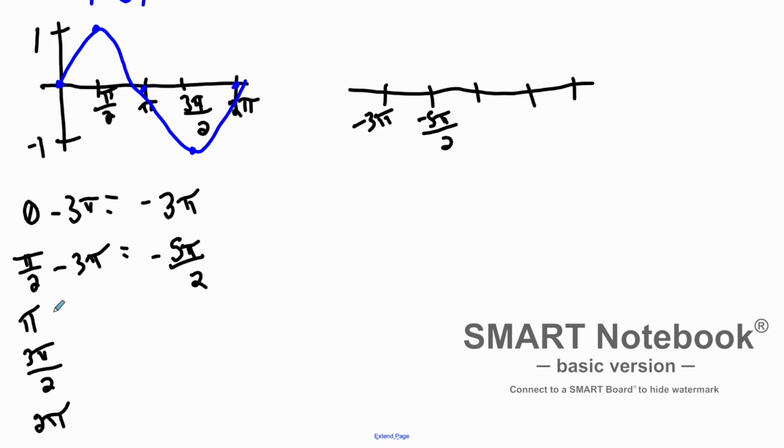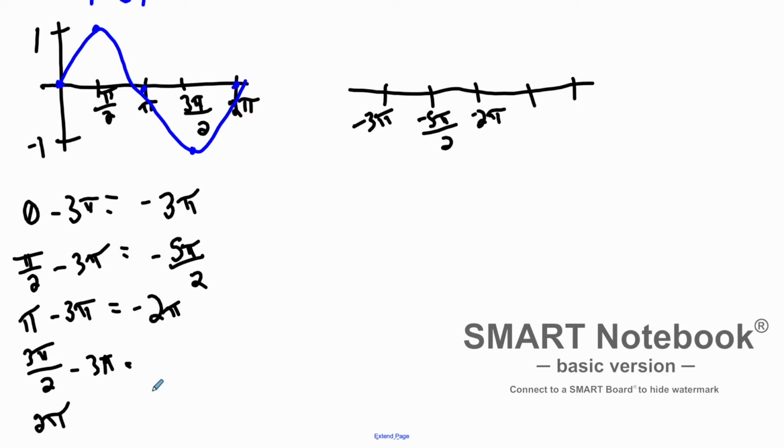Next up, we have pi minus 3 pi. Again, treat that like it's an x. So x minus 3x would be a -2x, or -2 pi in this case. So -2 pi. Next up, we got 3 pi over 2 minus 3 pi. On your calculator, we're going to do 3 over 2 minus 3.